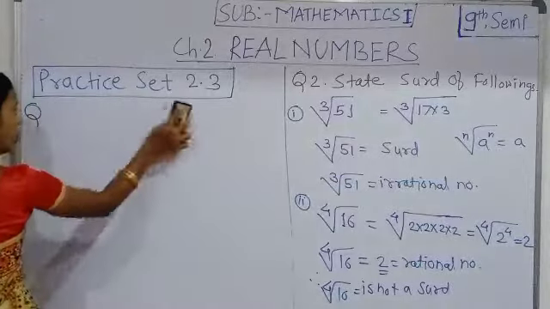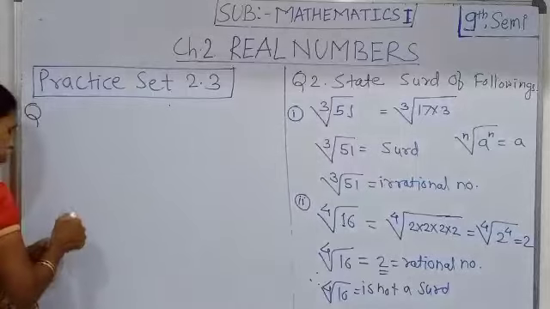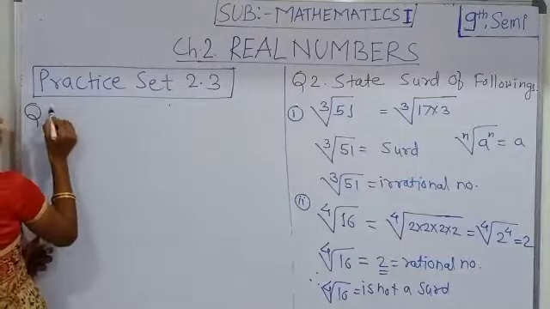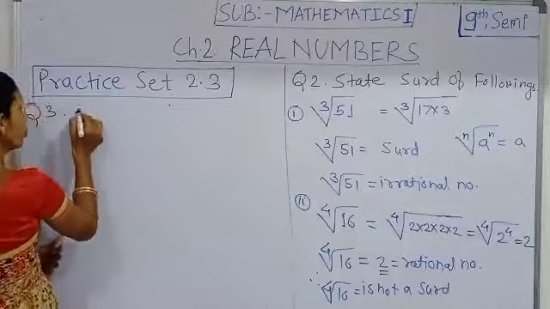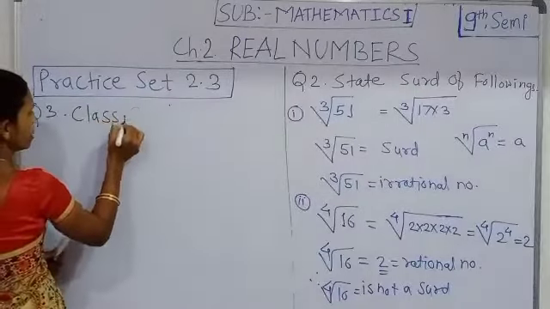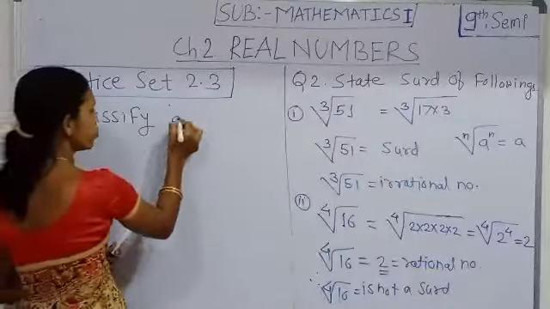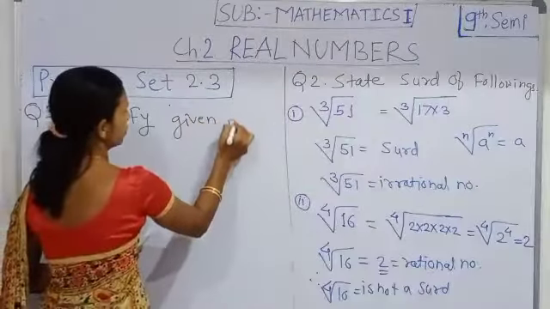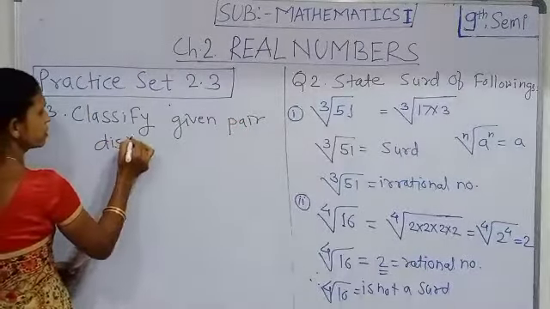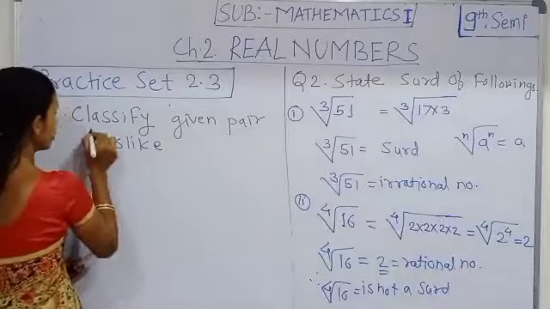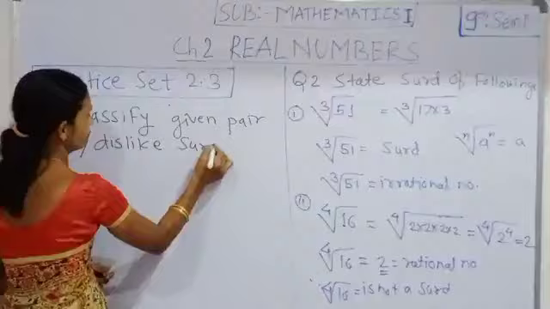Then we have to solve the examples from question number 3. In question number 3, we have to classify the following given pairs of surds into like surds or unlike surds.